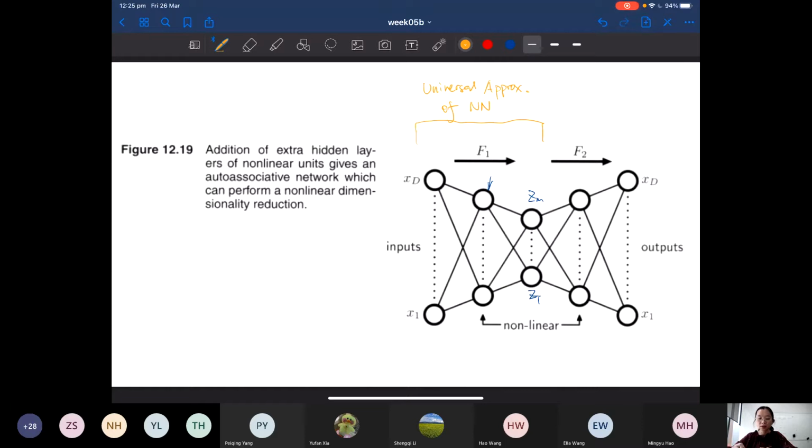So in here, once we add one more layer, we basically generalize this mapping from X to Z to any nonlinear mapping, and the Z back to X as any other nonlinear mapping.